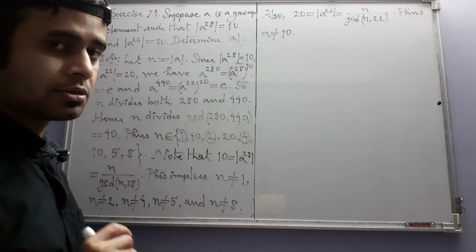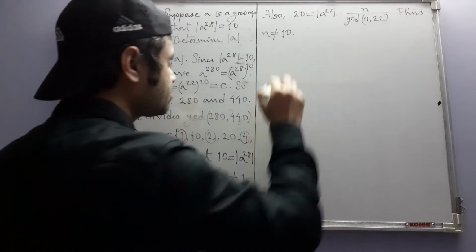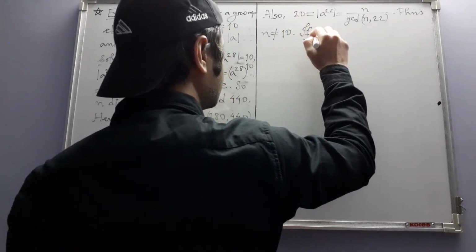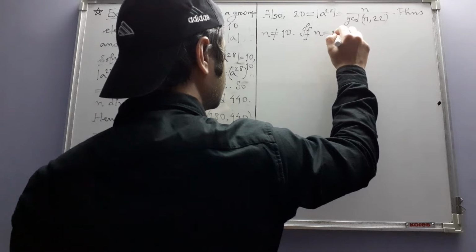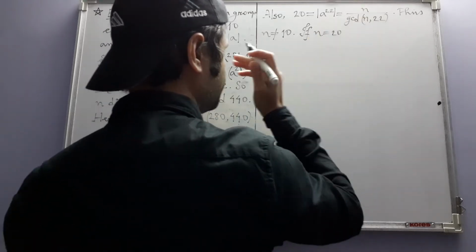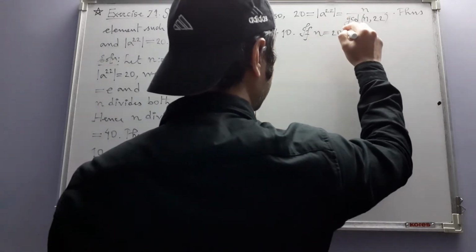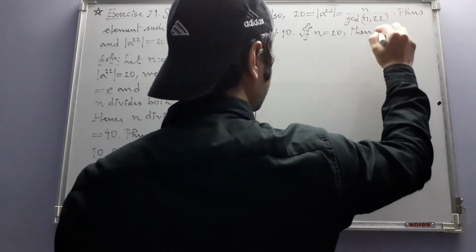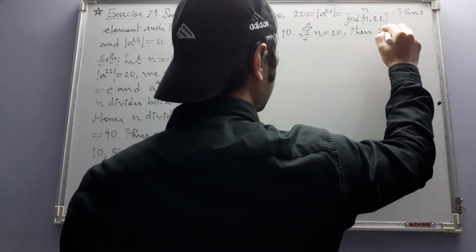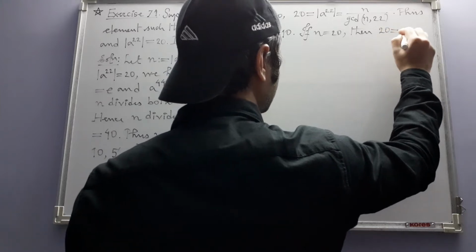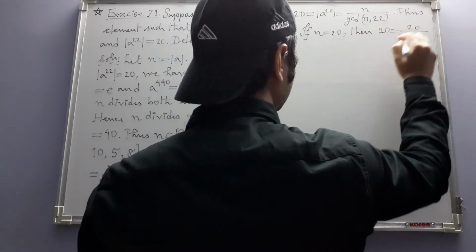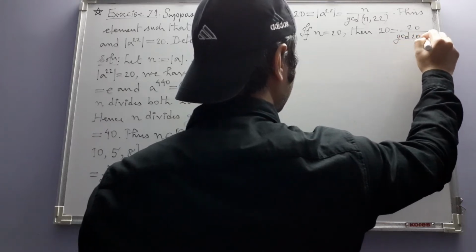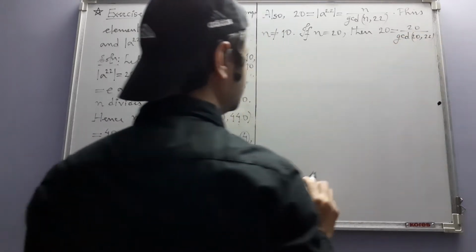If n is equal to 20, then this equation itself will give us a contradiction. Then 20 is equal to 20 divided by GCD of 20, 22.